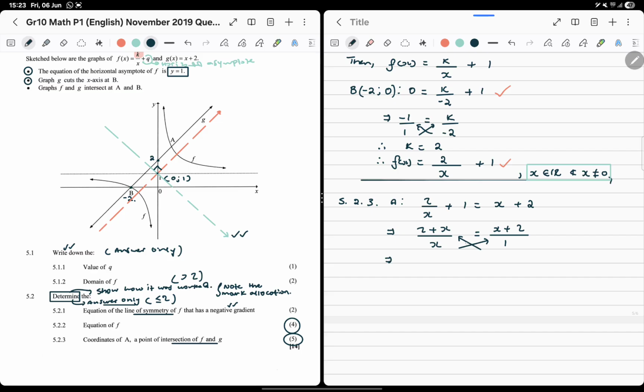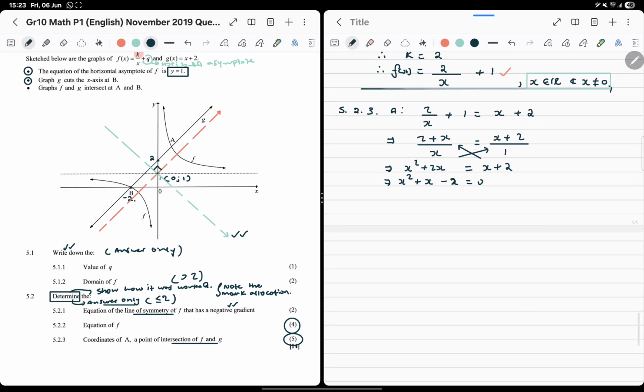What do we get? We get x squared plus 2x is equal to x plus 2. Transpose everything, we get x squared plus x minus 2 equal to 0.